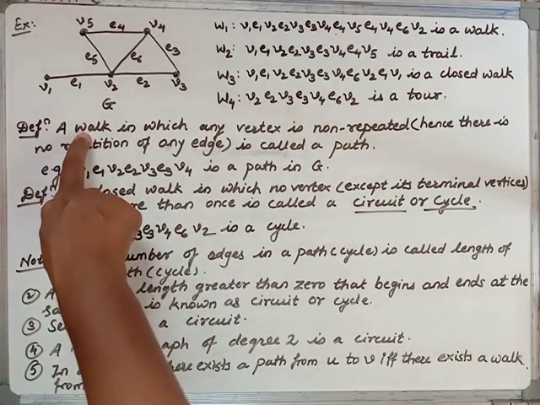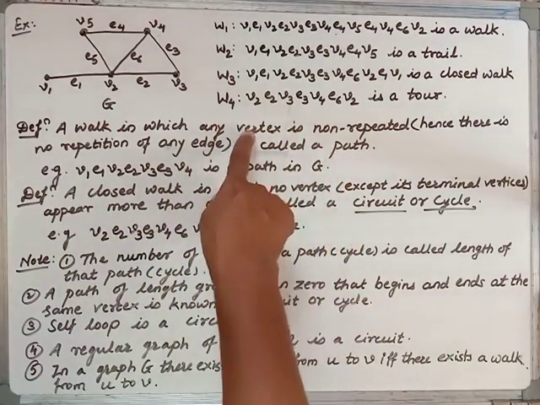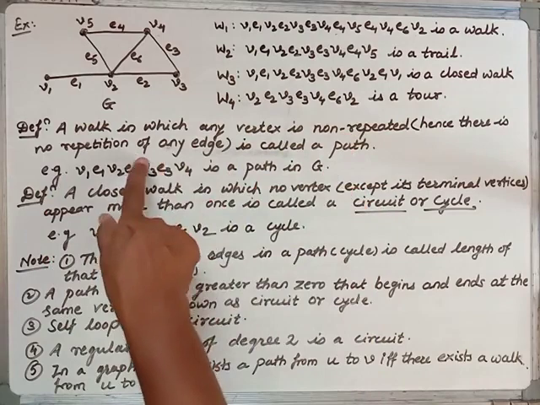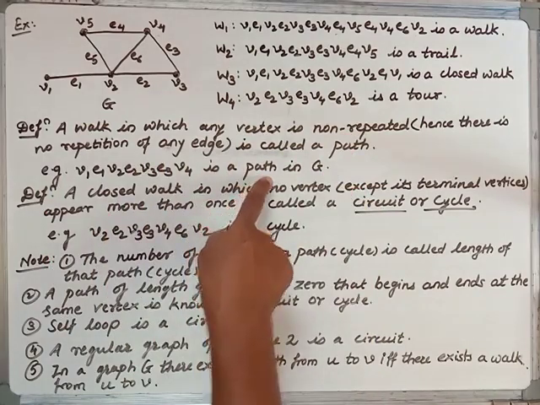Obviously a path is nothing but a walk with no repetition of vertex. Such a walk is known as a path, right?